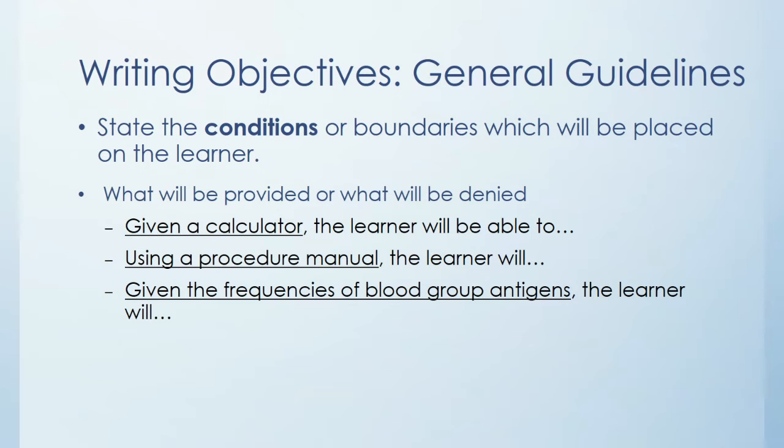Or given the frequencies of blood group antigens, because imagine you had to calculate the frequency of finding a certain antigen in the blood and you weren't given a frequency table and you'd have to have memorized all that. That would be way more daunting than knowing that you're going to be given the frequencies of the antigens and just needing to know how to calculate it. So this helps clarify what you will be given, which makes it less scary in a lot of cases and helps you prepare for the assessment better.